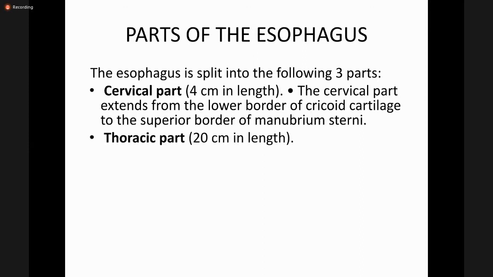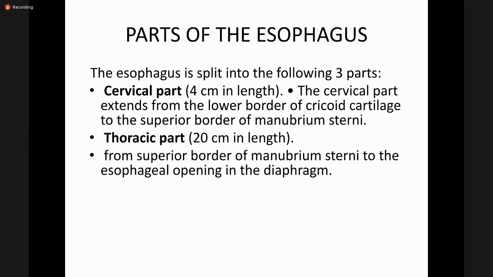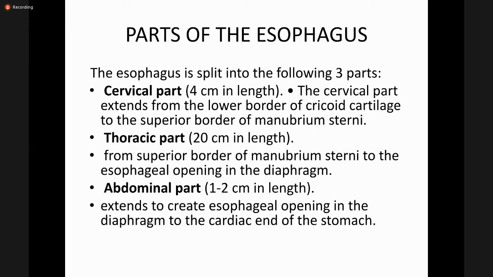Then comes the thoracic part, which is 20 centimeters in length and extends from the superior border of the manubrium sterni to the esophageal opening in the diaphragm. And the third part is the abdominal part, its length is about 1 to 2 centimeters, and it extends from the esophageal opening in the diaphragm to the cardiac end of the stomach.